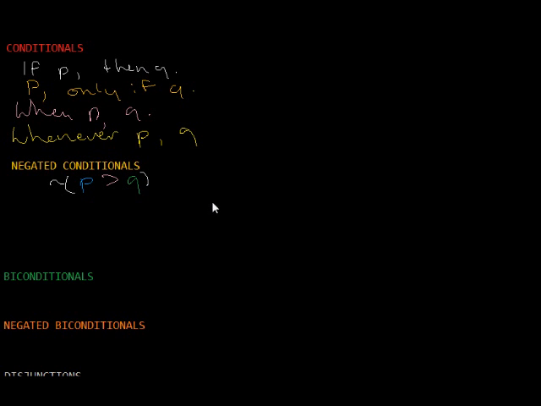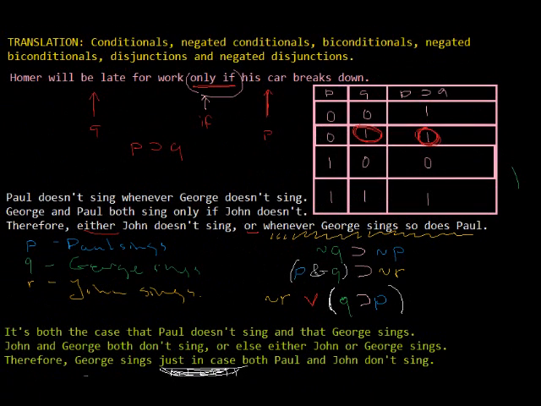If it's not P implies Q, or P implies not Q, or not P implies not Q, none of those are negated conditionals. A negated conditional means it is not the case that P implies Q, which, if we look at our truth table here, just means that this is true whenever the whole horseshoe truth table is false, the inverse of the horseshoe truth table, so it is only true in this row, P and not Q.